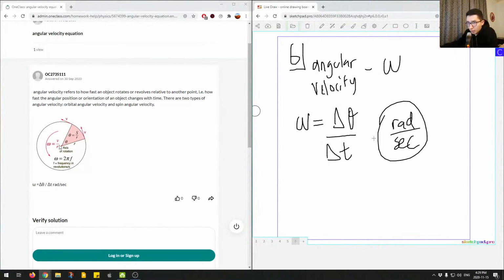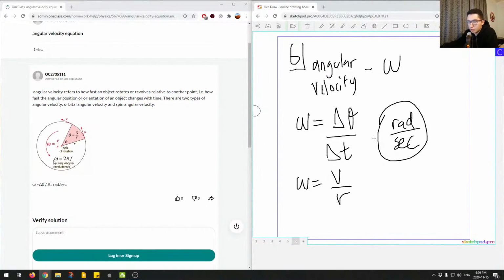Another way to think about it is using this equation over here. We can also use speed over radius. Speed is what the object is moving at this point, the vector at that point in time, divided by the radius, the distance here. We can also think of it in terms of frequency.